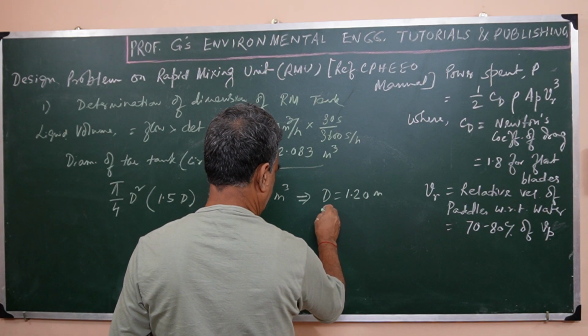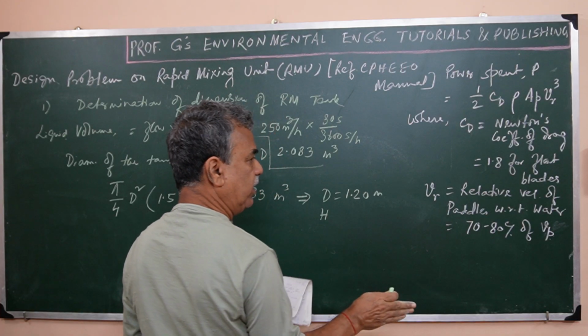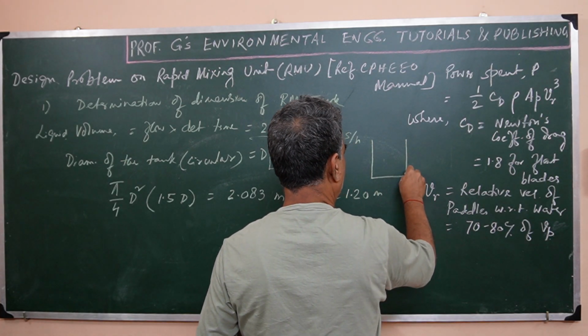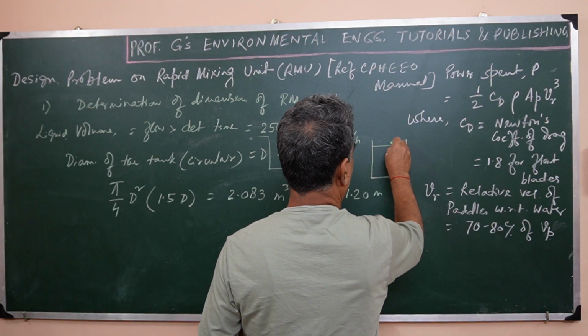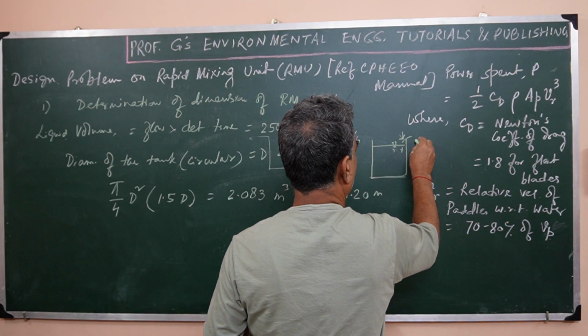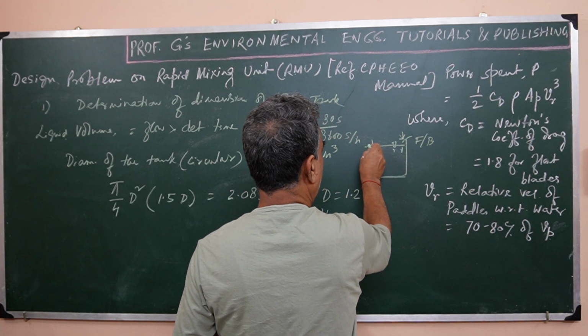So we are writing here H, the height, or rather more correctly the depth. If this be the rapid mixing tank, as I have explained earlier, this is the freeboard, and that is the liquid depth.